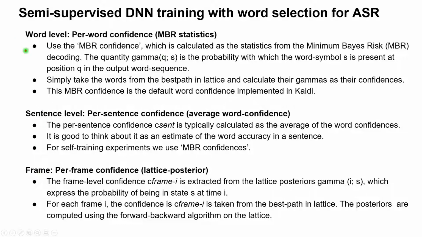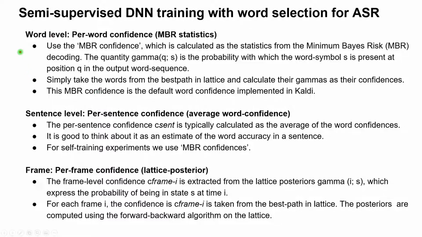In the case of word level, the statistics from minimum Bayes risk decoding were used to get the confidence of that particular word. And then you select the words which are beyond some particular threshold. The Kaldi toolkit provides this MBR confidence by default.